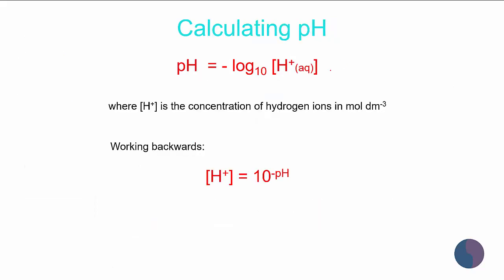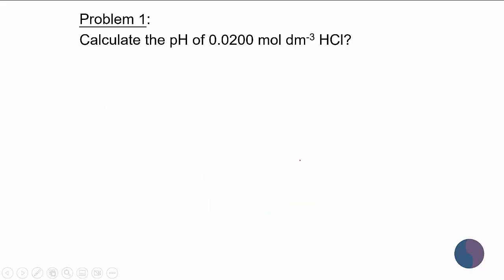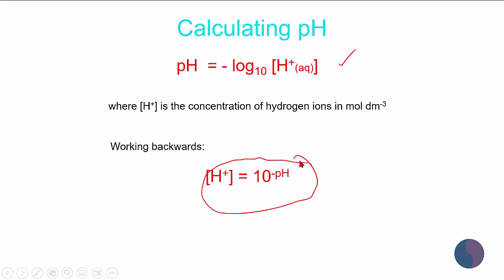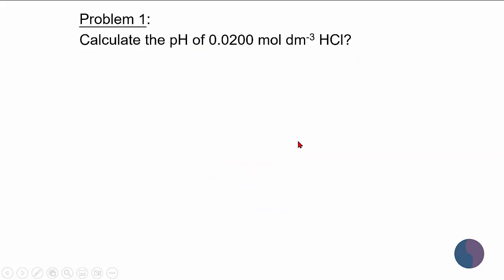And so we're going to use these formulas. This one's in your data booklet, and this one is not, but you need to know how to use both. So the first question we're going to do is pH to hydrogen ion, then hydrogen ion to pH. So what's this one? pH to hydrogen ion. Write out the formula first, just to make sure it's 1:1.